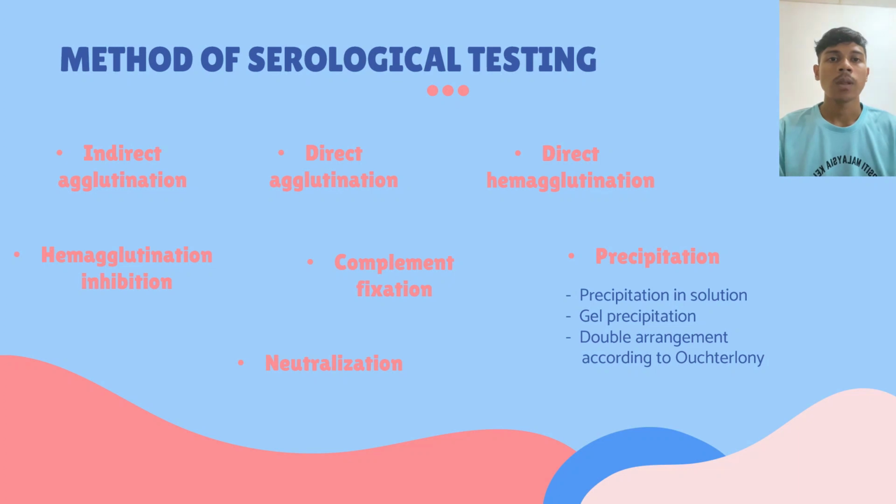Several methods of serological testing. First, indirect agglutination. Indirect agglutination helps to determine the type of antigen isolated from the patient using non-serum antibodies.